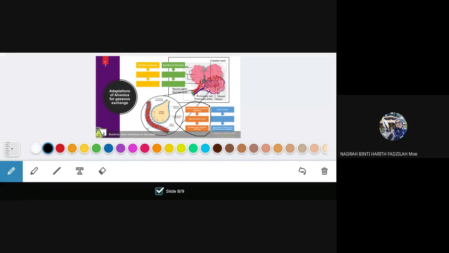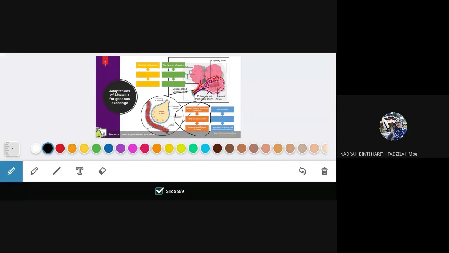So, I repeat. First, I take a look at the wall of alveolus. I can see that the thickness is only one layer thick, one layer of cell thick. That is the characteristic, second level. The third level, I explain about the function for that particular characteristic, which is to increase the rate of gaseous diffusion. Cuba kamu continue in terms of wall of alveolus.